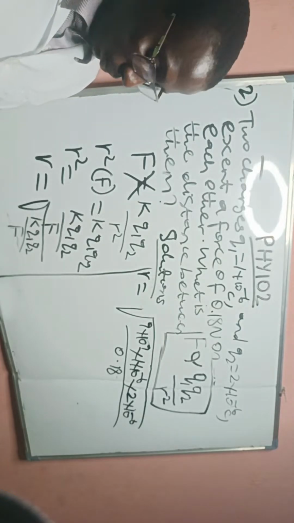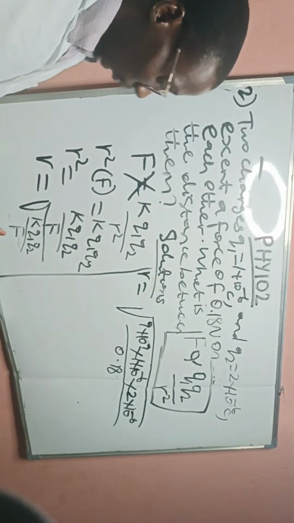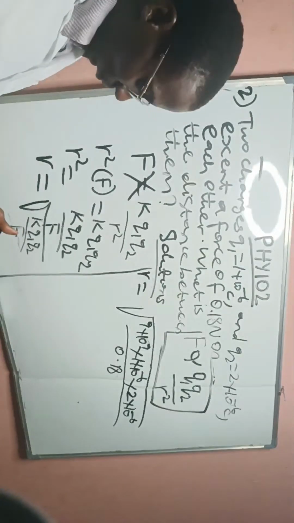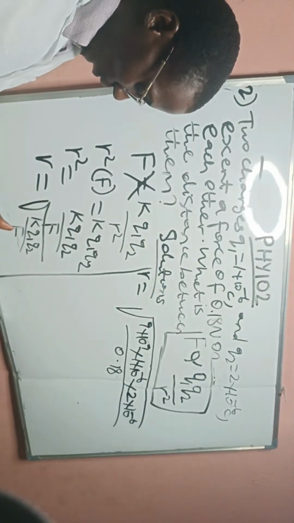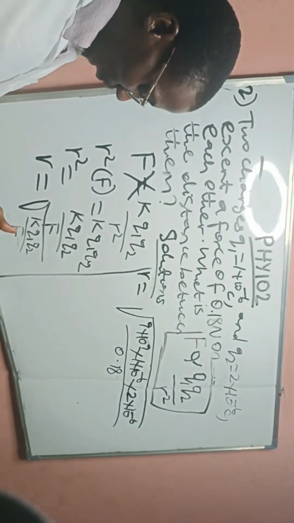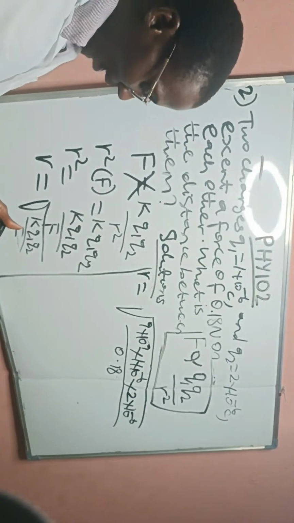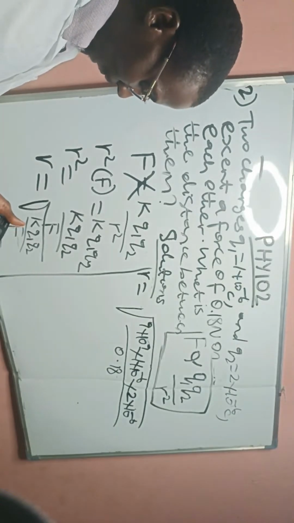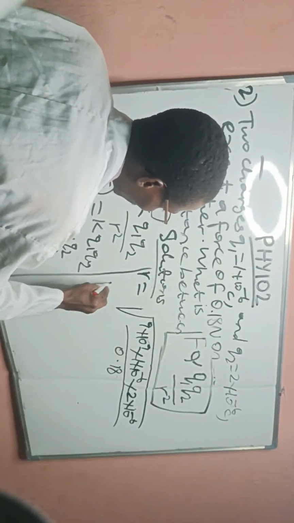Please, once you enter each one, you press equals. Then times 1 times 10 power minus 6, equals, times 2 times 10 power minus 6, equals, then divide everything by 0.18.